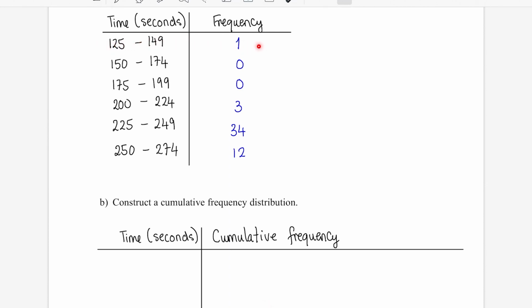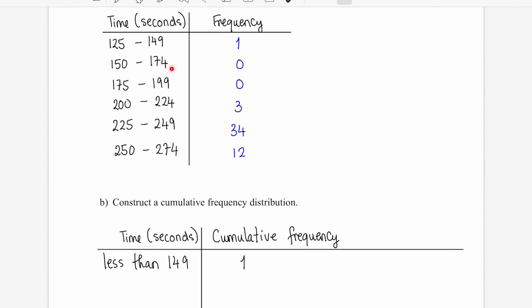So with the first class right here, we are looking at everything that's less than 149. So we have less than 149, which is 1. And then for the second class, we are going to look from 125 all the way to 174.